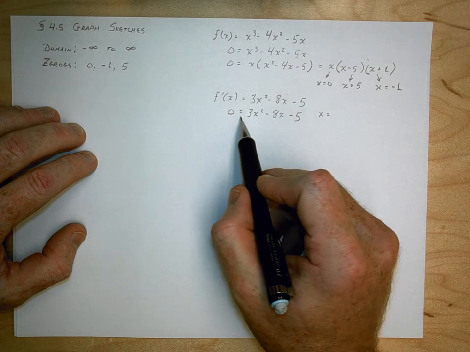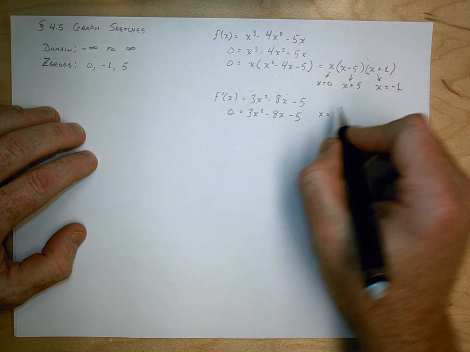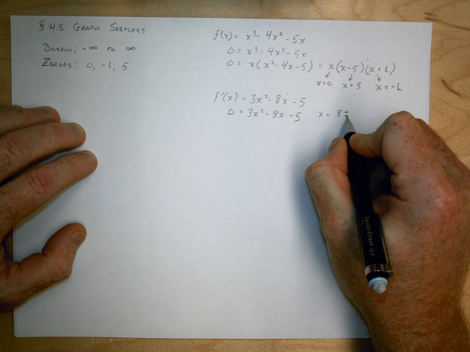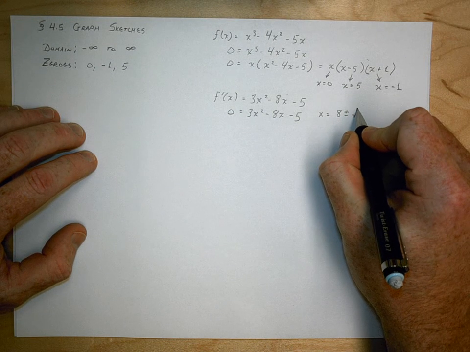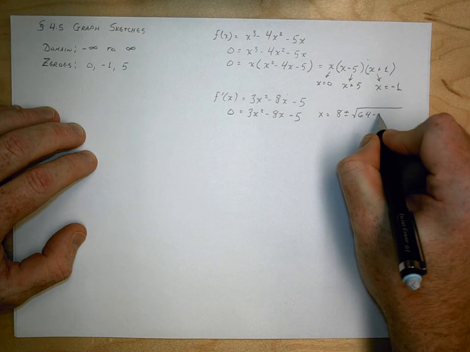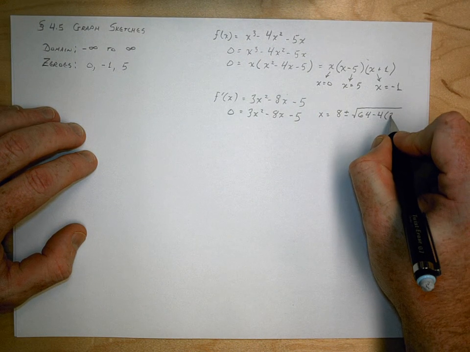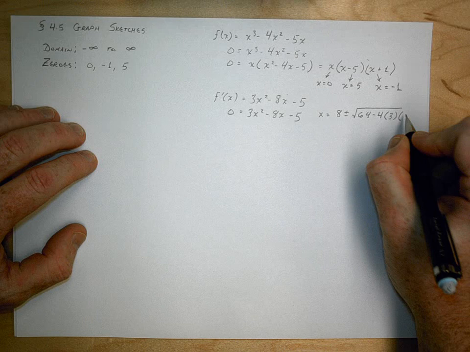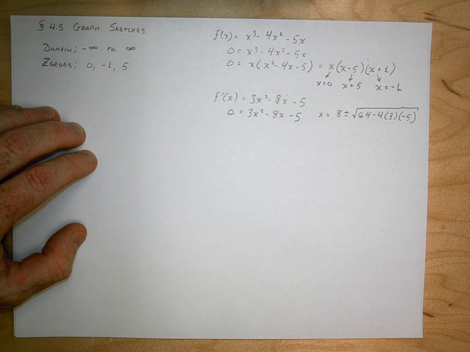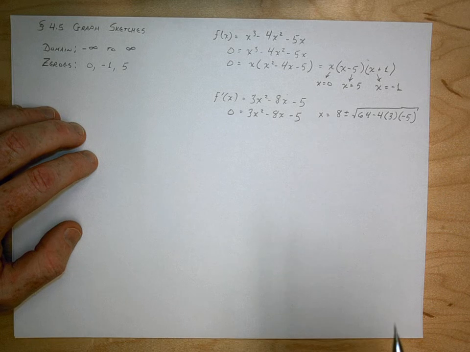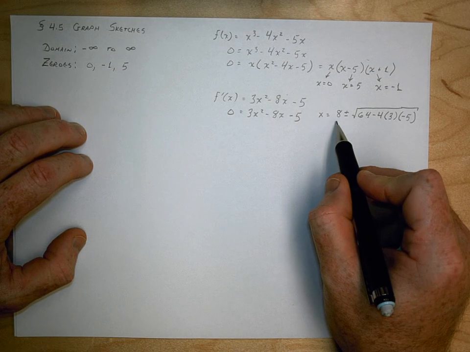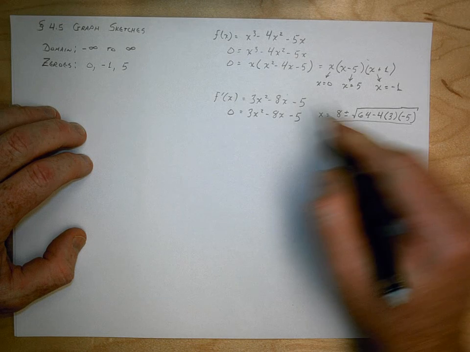So negative b, negative 8, so that gives me 8 plus or minus the square root of negative 8 squared, which is 64, minus 4 times a, which is 3, times c, which is minus 5, all over 2 times a.